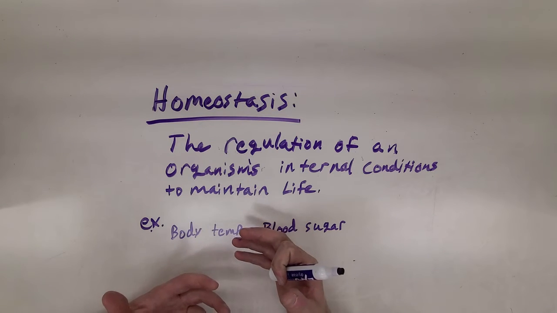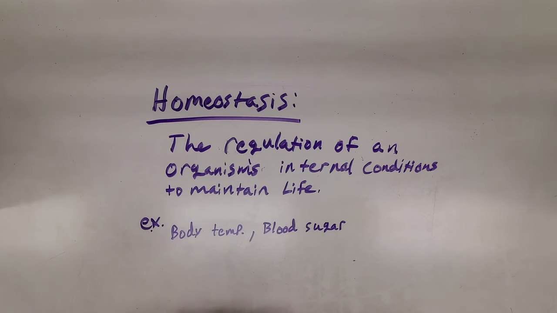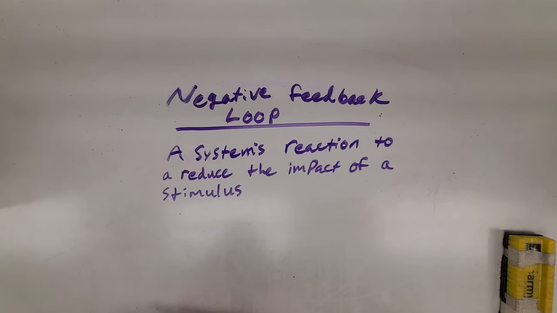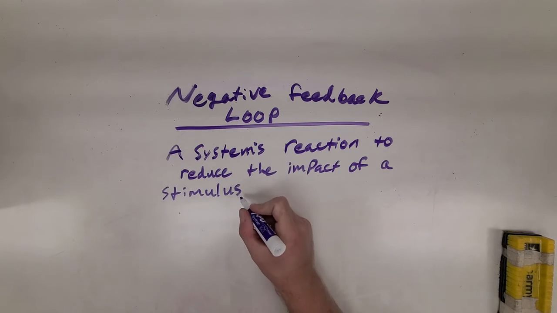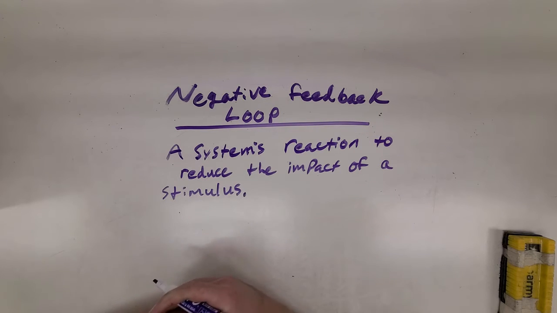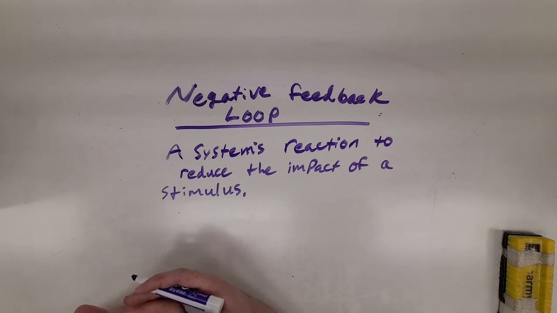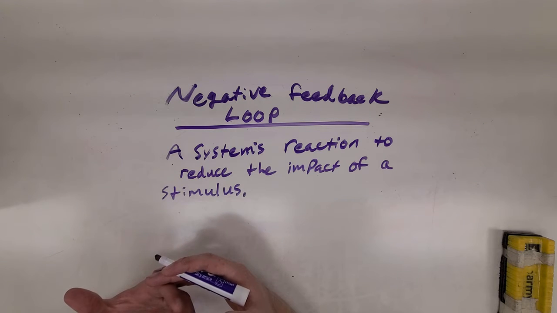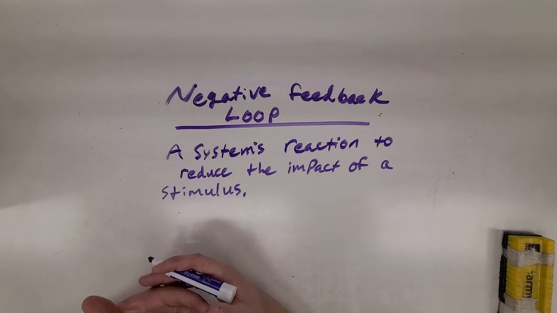Well, what is a negative feedback loop? Let's go ahead and take a look at that. A negative feedback loop is just a system's reaction to reduce the impact of a stimulus that was done on the system. So say you're out in hot weather, your body temperature is getting a little bit hotter, your body will sweat to try and cool you down.